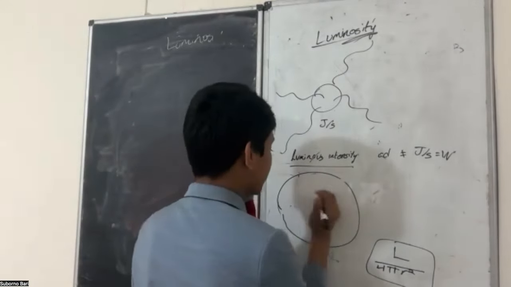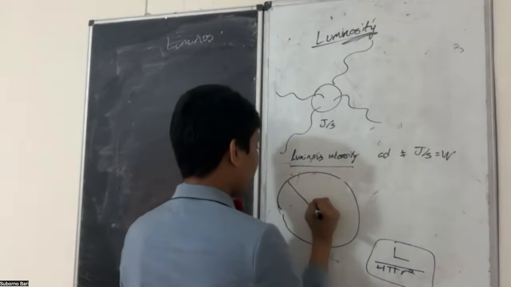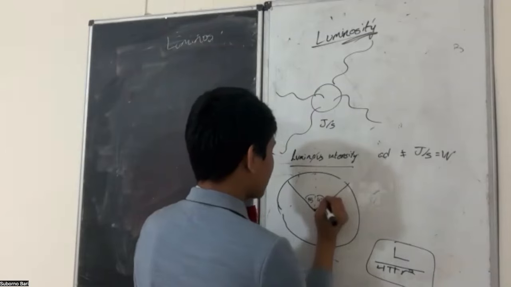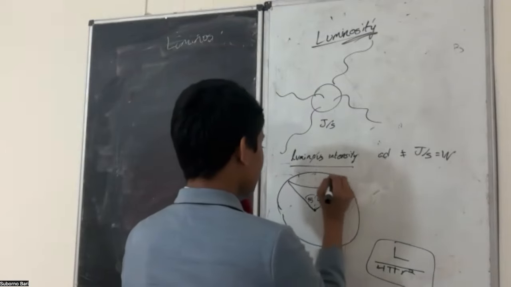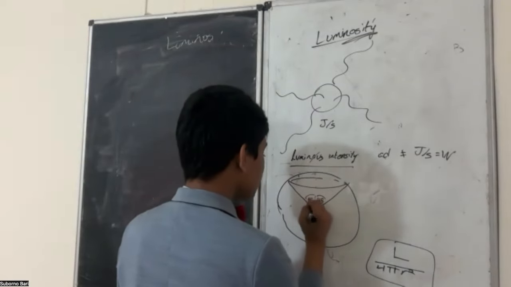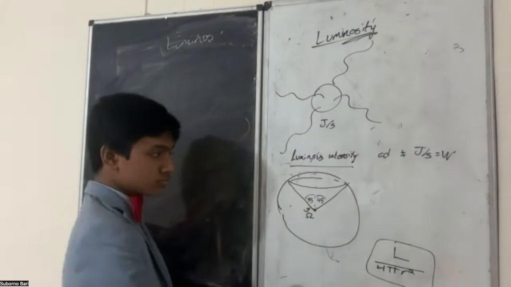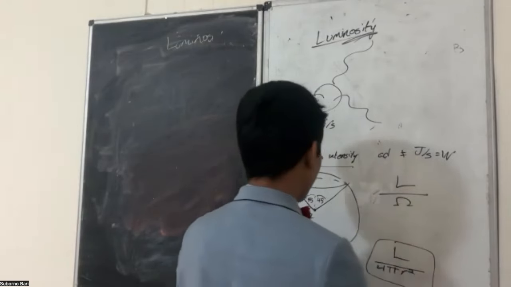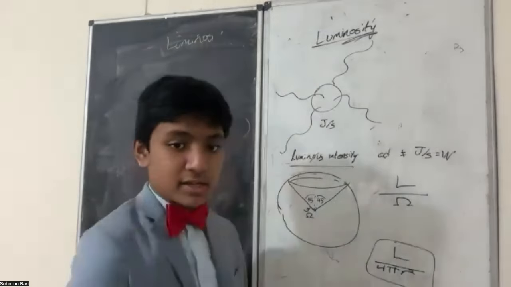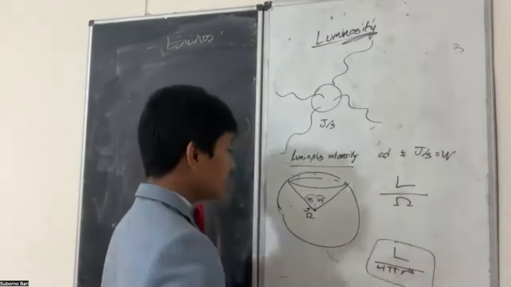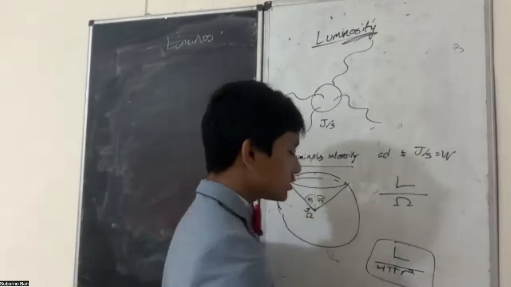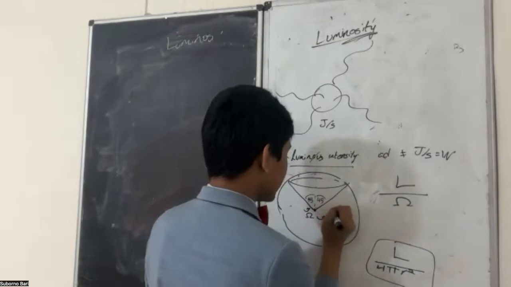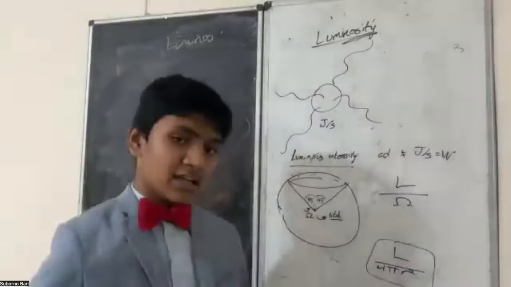Let's make it 45 degrees left, 45 degrees right. Then this angle right here is the solid angle. So luminous intensity is the light per solid angle, which is much different than light per unit area because of the funky way solid angles work. Solid angle is measured in a totally different unit called steradians.